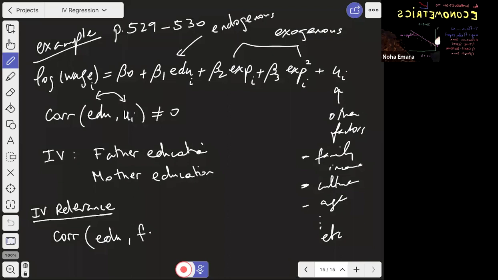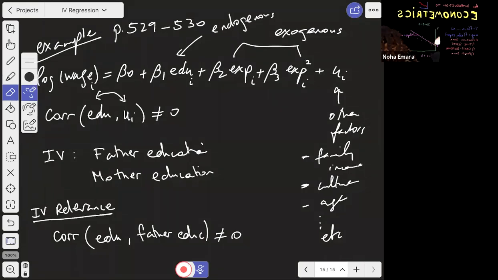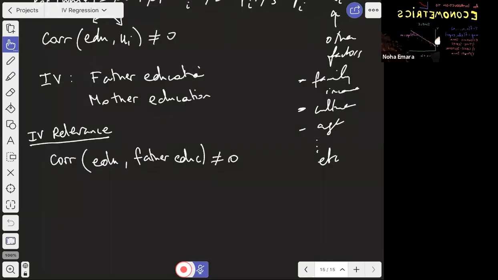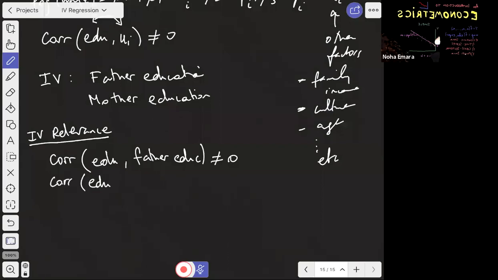This connection is not equal to 0. So you're making an assumption that there must be some connection that makes this IV relevant. There must also be some connection between my education and mother's education. You expect that when the dad and mom are educated, most likely their kids are also going to be educated, and that's the basis of the assumption.